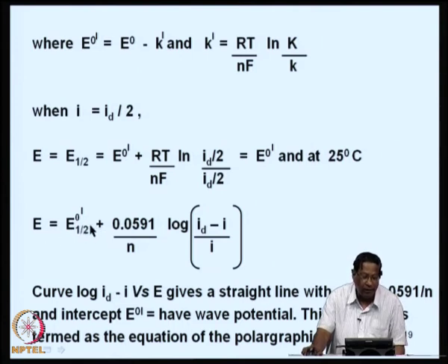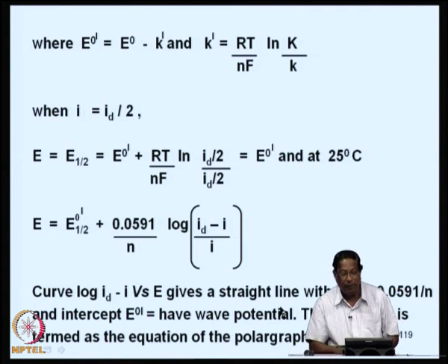At any other value, E is E half plus 0.0591 upon n, an expression you are very familiar with by now, multiplied by log of (Id minus I) upon I. So, the plot of log of (Id minus I) upon I versus E gives a straight line.